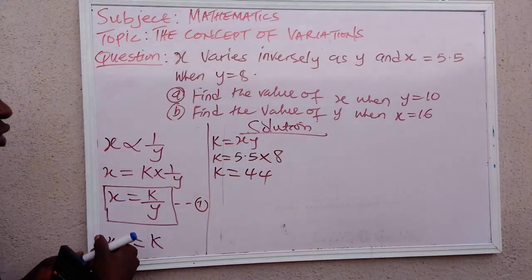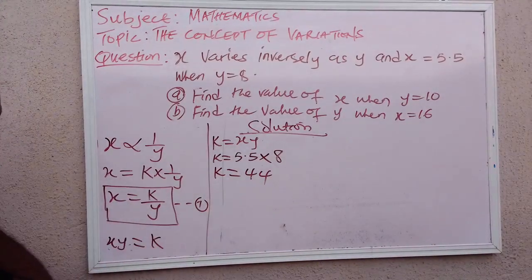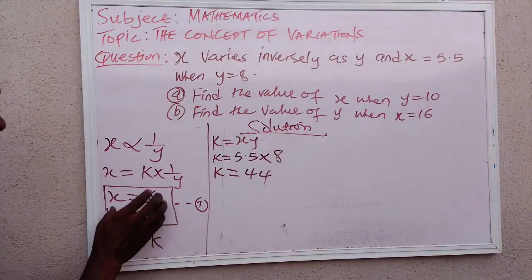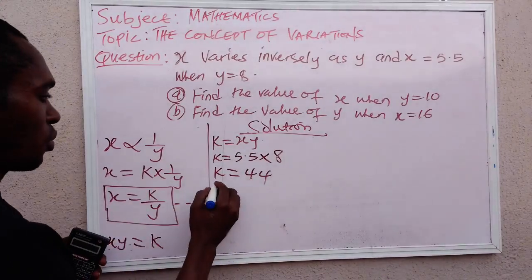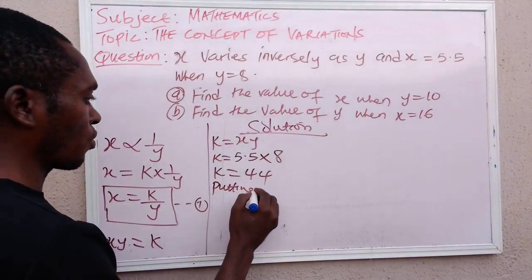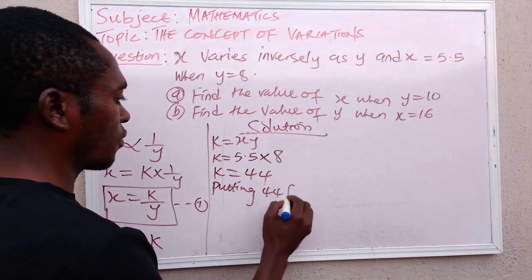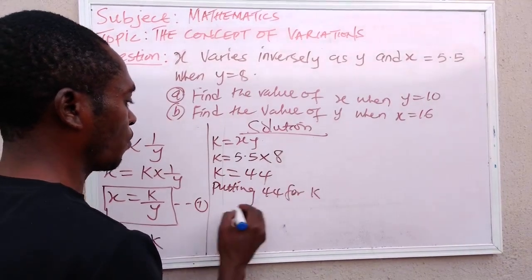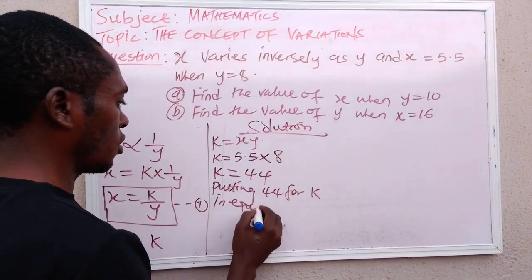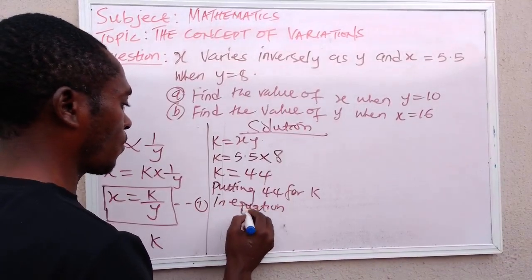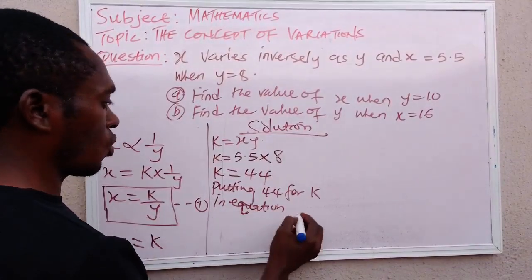Now what we're going to do is introduce this k. We'll substitute k, putting 44 for k in equation 1.